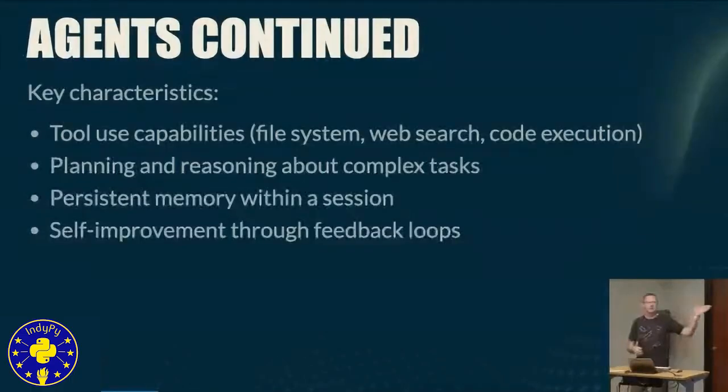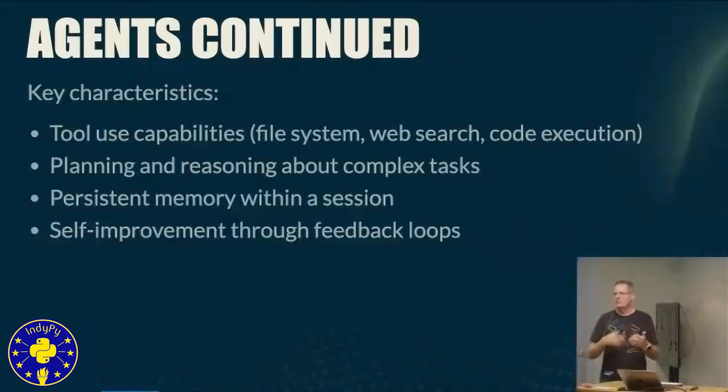It means we can use tools, file systems, web search, code execution. We can plan and architect and think about a problem that you put the AI to task for. It has memory, so it can capture the whole session of things that you're talking about with it.